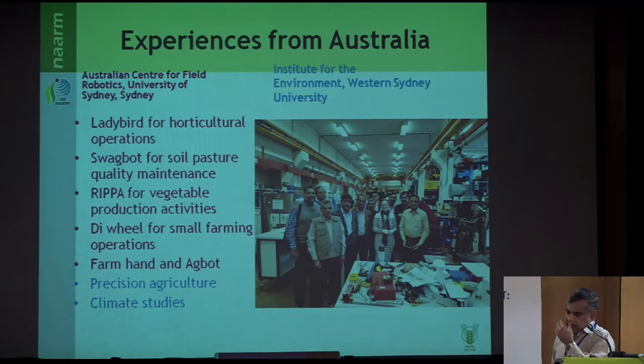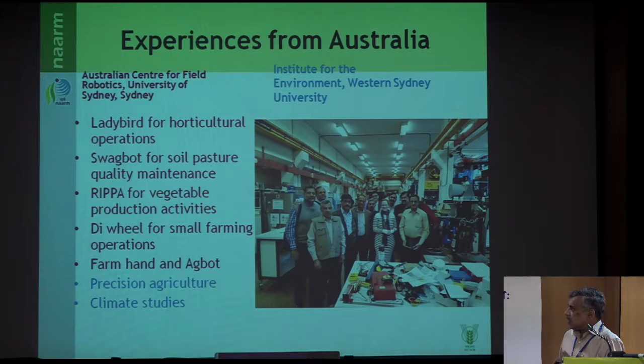When we were in Australia, Sydney University has developed many AI and IoT-based devices in different phases. Some they have licensed, some are in the demonstration phase, and some are in the prototype phase. Different kinds of devices are there, including some for small farmers also.